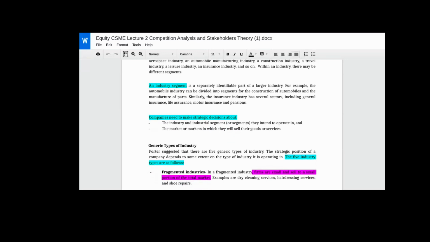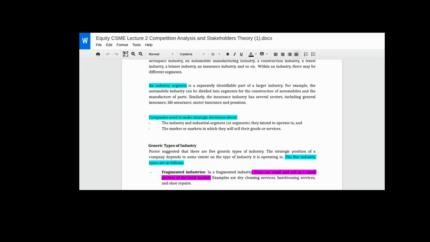A very typical example is the tertiary institution that we pass through, be it polytechnic or university. We have so many units that we call department, faculty, whatever. So they come together to make one institution. The same thing occurs to the industry segment. The industry segment means the identifiable smaller part of the industry that forms the entire industry.